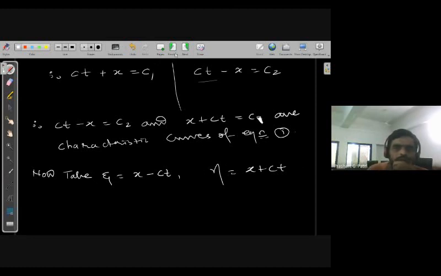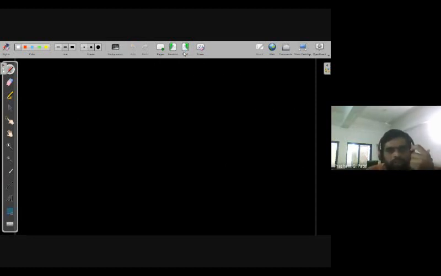Now we'll change our differential equation, that is y xx is equal to 1 by c square y tt, into xi and eta. So y is a function of xi and eta, and xi and eta are functions of x and t.